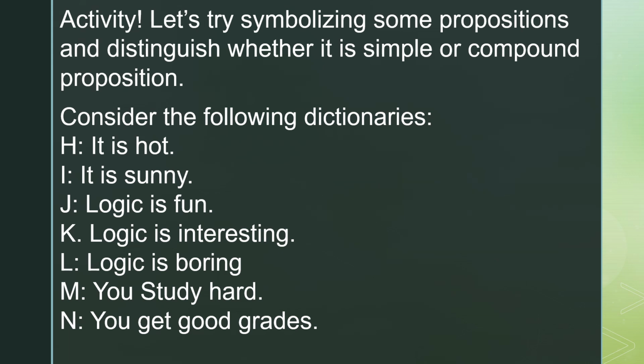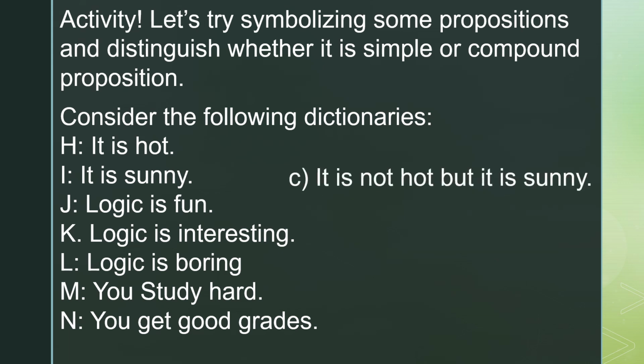Next, it is not hot, but it is sunny. So we're using the word hot, and this is the proposition H, and we also have proposition I, which is sunny, and the connector used is "but."